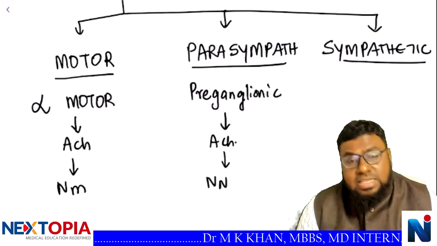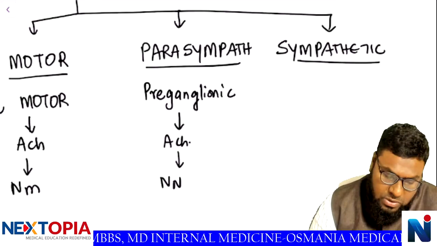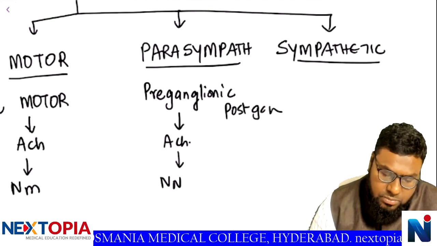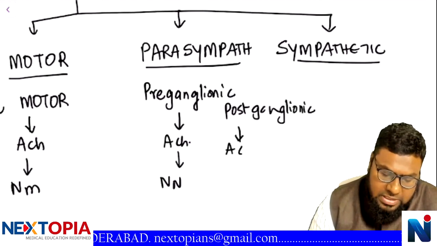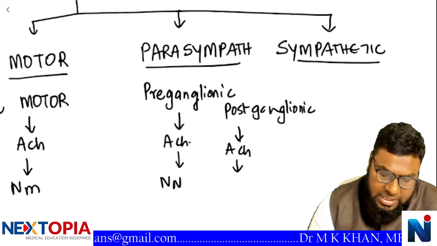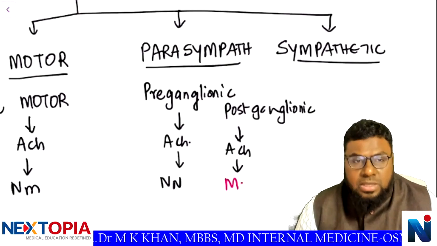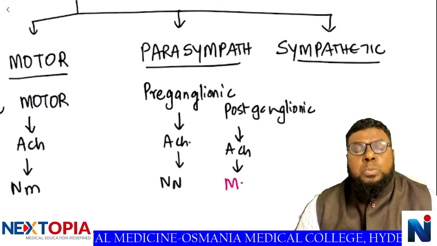Postganglionic fibers also release acetylcholine, which binds to the muscarinic type of receptors. Muscarinic receptors are G protein coupled receptors, right?